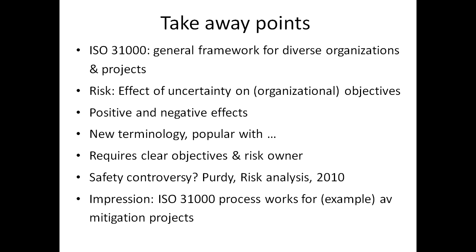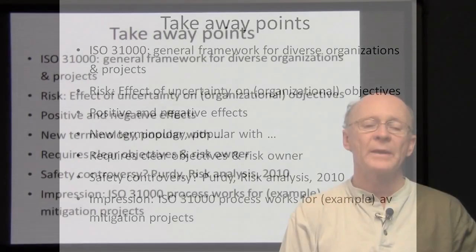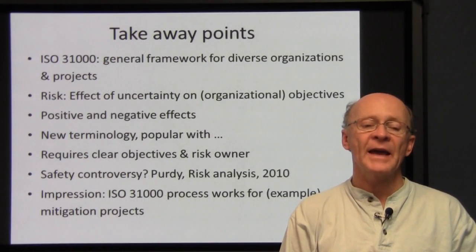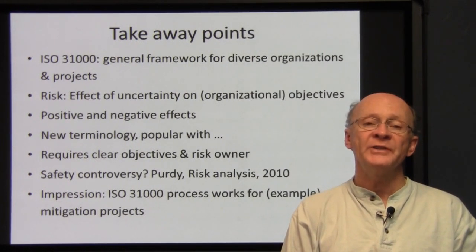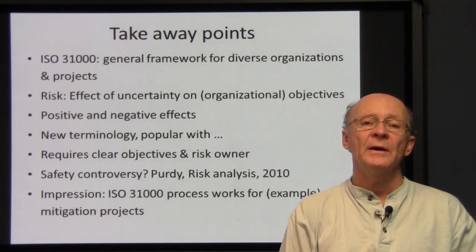But in fact, ISO 31000 is very broad, and it allows individual organizations to apply whatever objectives are appropriate to their circumstance. So the impression that Alan and I have is that ISO 31000 works for avalanche mitigation projects, but it's just a broad general framework for risk management that leaves lots of room for more specific risk management standards to be developed underneath it.